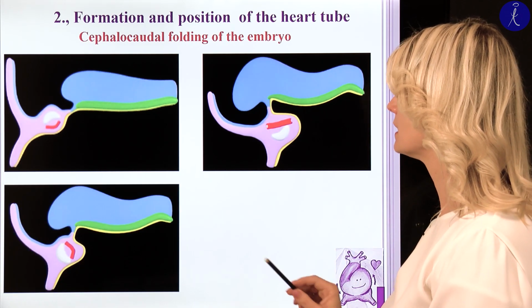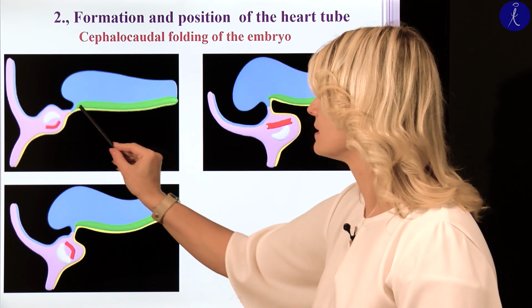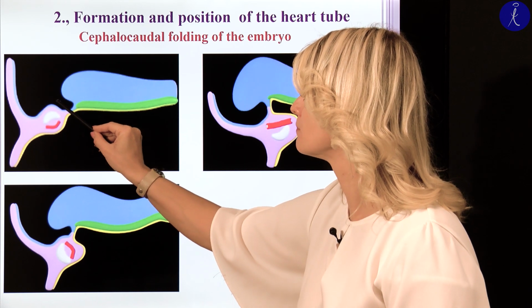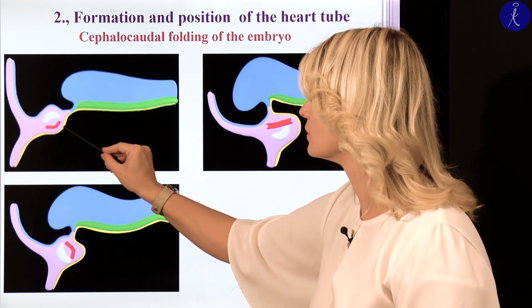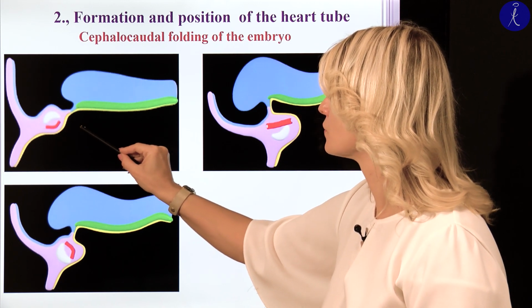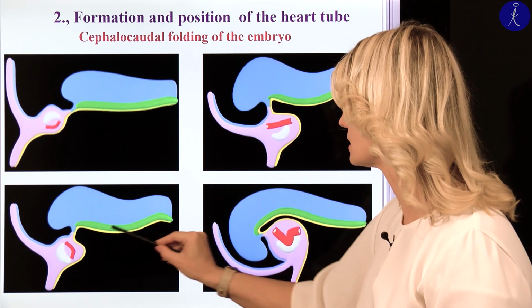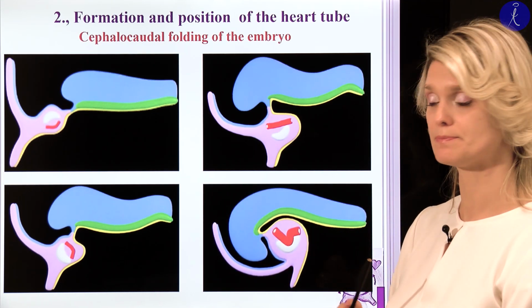You can see the brain vesicles, they are growing. And the developing heart, the cardiogenic field with the pericardial cavity, will move downward towards the thoracic cavity. Here you can see the steps. And this is the final position of it.